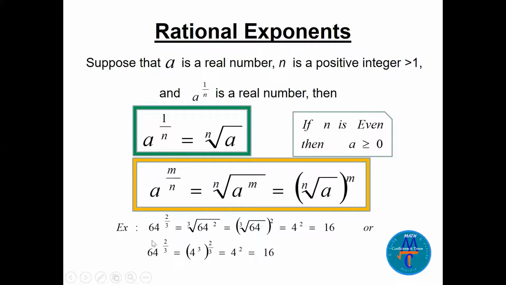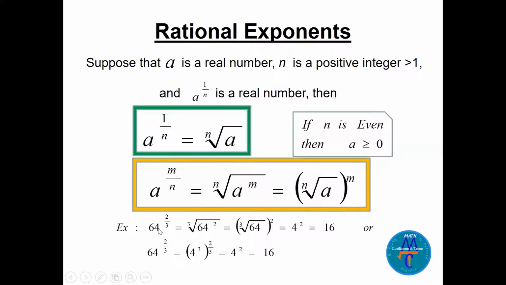If somebody asks you, please tell me what is 64 to the power 2 over 3. Just try to think, maybe you can get the correct answer quickly, maybe not. But let me show you here 2 ways how to get the answer, which is 16. The question is 64 to the power 2 over 3.